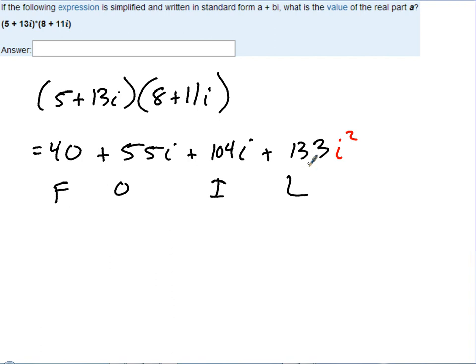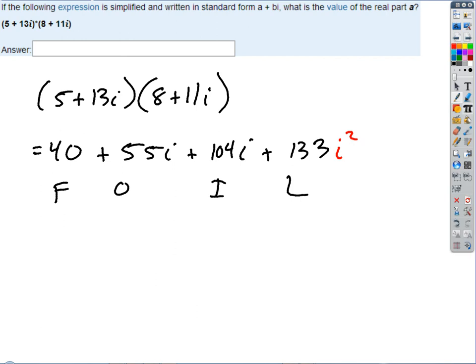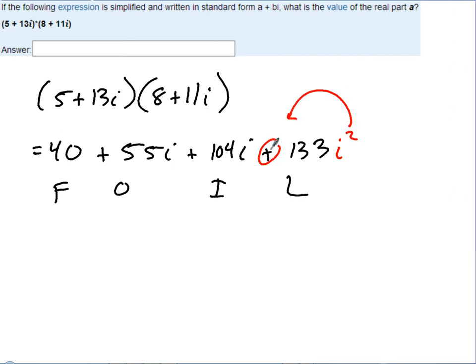So what's i squared equal to? -1. Perfect. And so remember our little trick. Whenever I get an i squared, all that amounts to is we change the sign of the coefficient, so it becomes a negative.